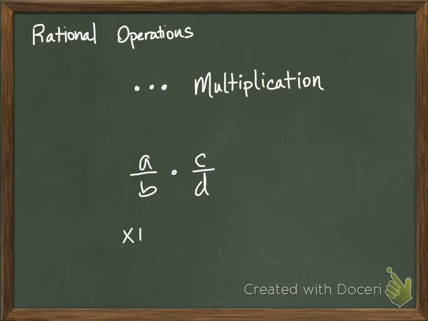This could be like x plus 3 over x plus 4 times x squared plus 9 over 5. It could be anything. But we're going to multiply these. We're going to treat them like fractions, except that there are all kinds of variables and numbers inside.